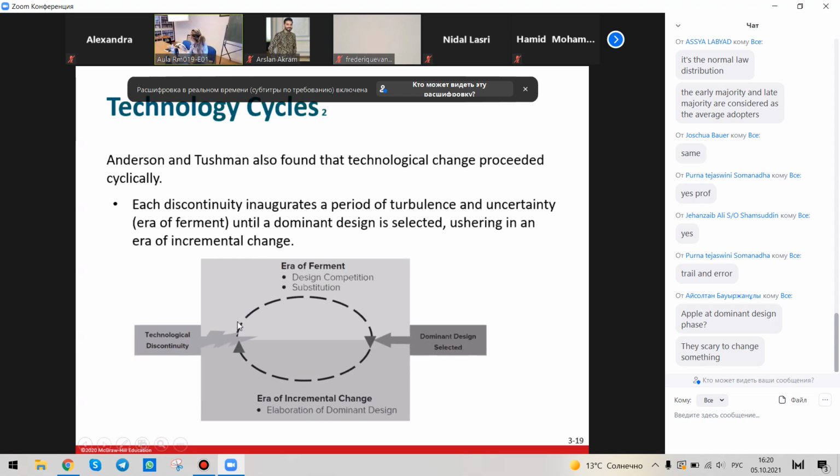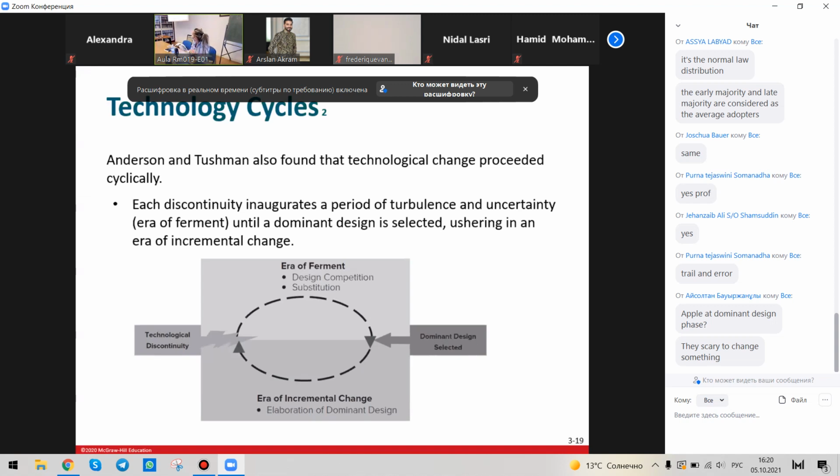Then we have, as the outcome of this half cycle, the selection of one dominant design. And of course, once we have the definition of one dominant design, we can start with incremental innovation. Okay, so it's exactly the same rationale between these two models.